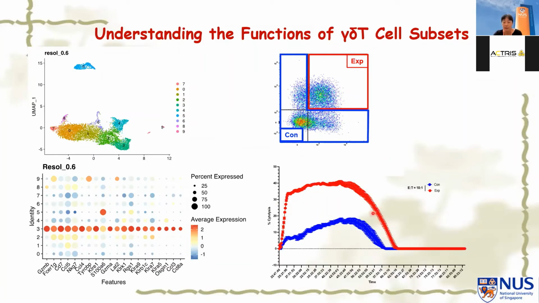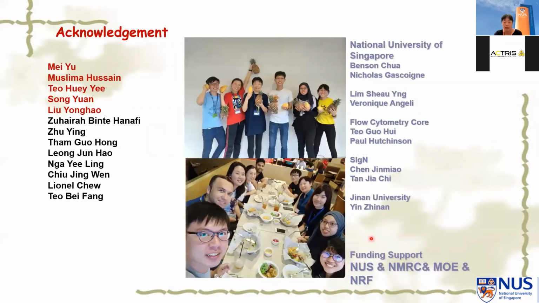You see this red population had a significantly higher killing activity compared to the rest of the gamma delta T cells. So I think to better understand what kind of gamma delta T cells they are would help us to design and develop strategies to culture, expand and generate better gamma delta T cell populations for cancer immunotherapy.